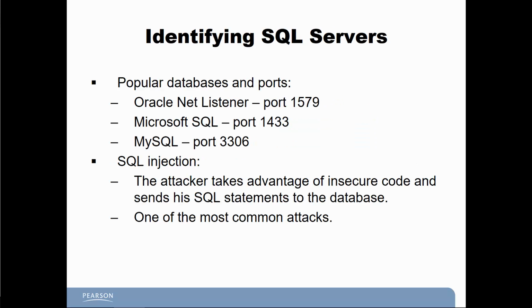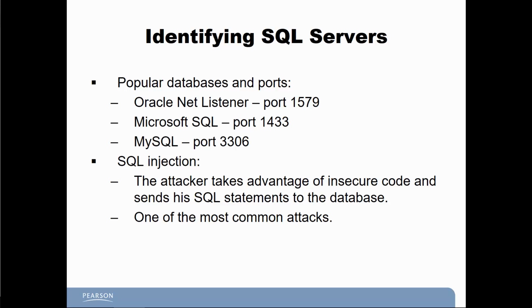When we know what type of database we're dealing with, we could then compromise it a little bit easier. Again, what type of database software is being run? Is it Oracle? Is it Microsoft? Is it MySQL? Each one is going to have specific ports tied to their specific vendor.